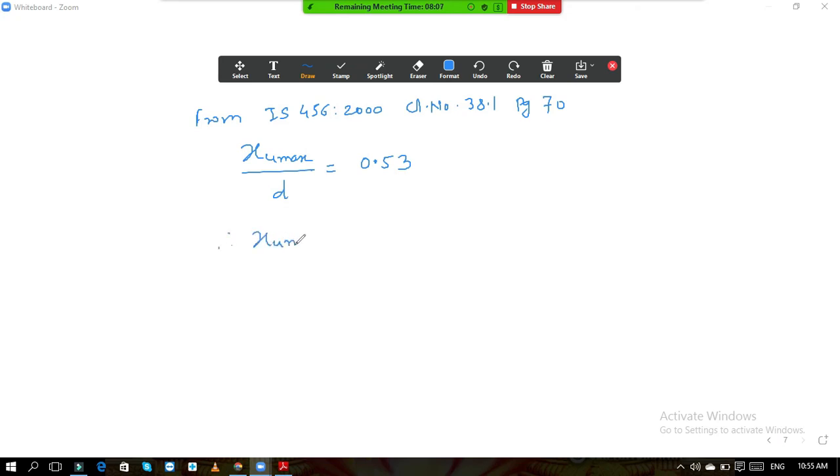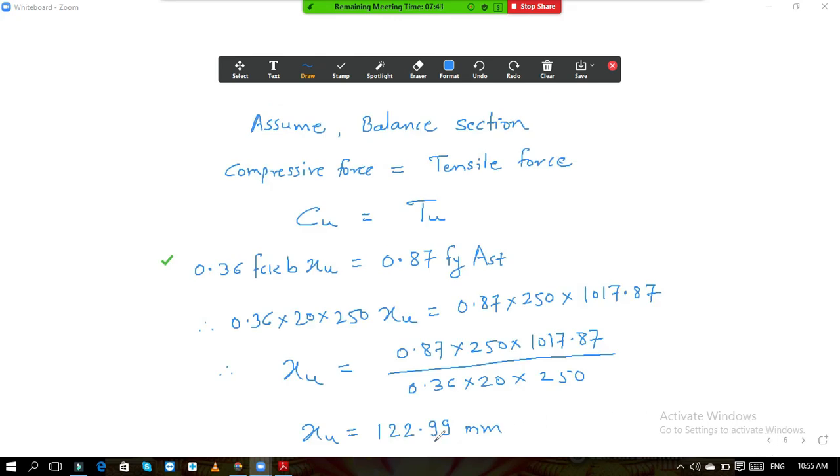Therefore XU max is equal to 0.53 into D, which is 0.53 into 500, the value of depth. It works out to be 265 mm. Now compare the values. XU max is 265 and XU is 122.99.